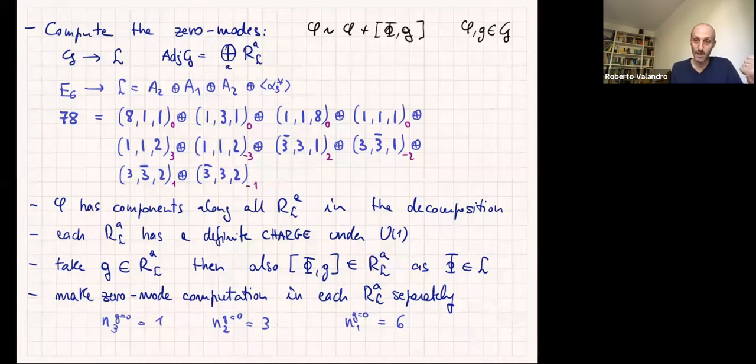This means that we can study the deformation of phi in each single representation, and see if there is some G in that representation that cancels some part of that deformation, gauge fixing it to 0. So you make this computation, and we find one hypermultiplet coming from this representation. So we have one hypermultiplet of charge 3, we have 3 hypermultiplets of charge 2, and we have 6 hypermultiplets of charge 1 under the U1 generated by the preserved Cartan.